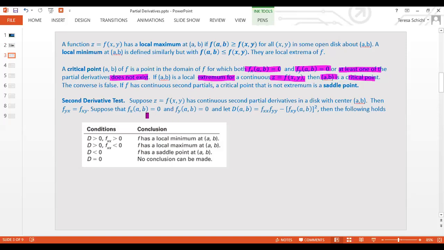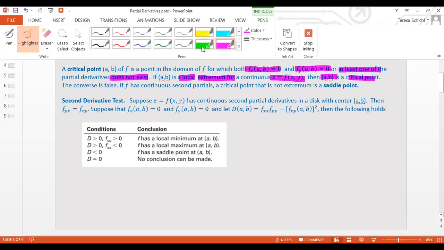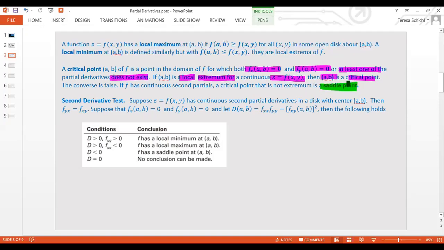But a critical point doesn't have to be a local max or local min. A critical point that is not an extremum is very important: we call it a saddle point. That means your critical point is not a local max and not a local min.